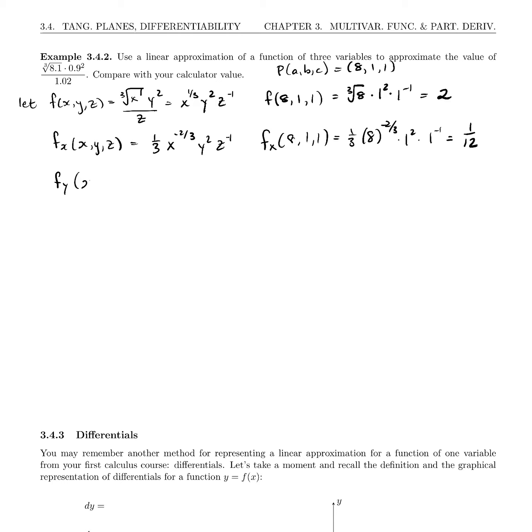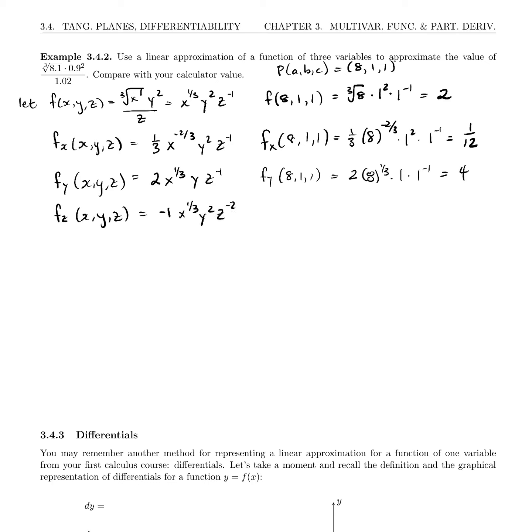f sub y of x, y, z, partial with respect to y, is 2 x to the 1/3 y z to the minus 1. f sub y at 8, 1, 1 is 2 times 8 to the 1/3 times 1 to the minus 1. 8 to the 1/3 is 2, 2 times 2 is 4, 4 times 1 is 4. f sub z of x, y, z is minus 1 x to the 1/3 y squared z to the minus 2.